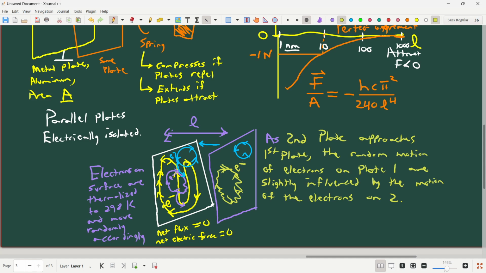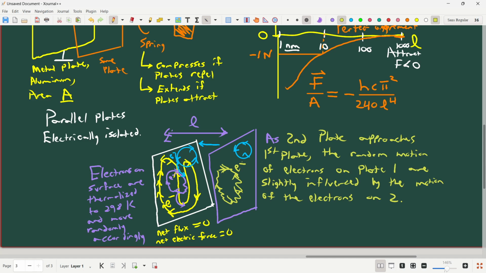So instead of them moving coherently together, they're going to stagger each other a little bit, so they're maximally far apart from each other. Initially they'd be in phase, but they want to be as far apart as possible, so when the second plate comes in, they try to dephase a little bit, and let's say this electron's going like this on plate 2, and this electron's up here.